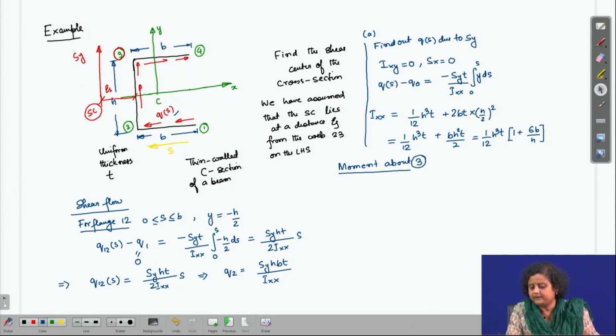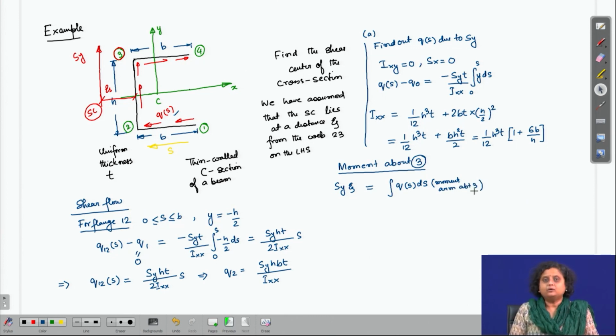Then the moment because of Sy about 3 is Sy into zeta, in the clockwise direction, and that should be equated by the moment produced by the shear flow. So, the moment produced by the shear flow would be Qs ds into the moment arm about 3.